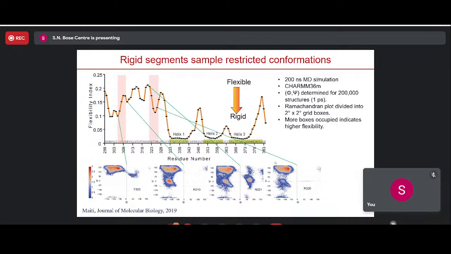There is a glutamic acid, lysine, arginine, another arginine. So there is a lot of electrostatic interaction, which means that they are also restricting this conformational sampling. And in this middle part, they are mostly uncharged polar residues, which means that they are very happy to interact with water, and they are also sampling a lot more conformations.